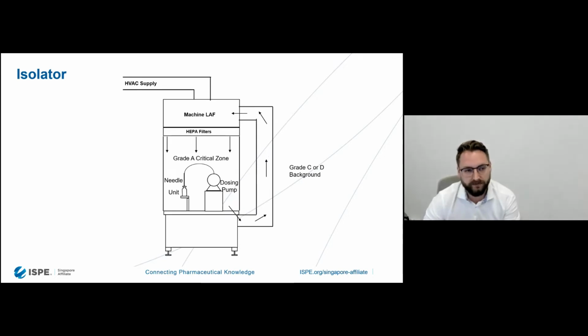The other main type of isolator would be an isolator that is supplied from the house HVAC system. So they have a supply and a return. And again, it would modulate valves to control the airflow to the isolator. But this would be a bit more complex to design and install, a bit more expensive, as you would need some sort of AHU to supply the air to the isolator.